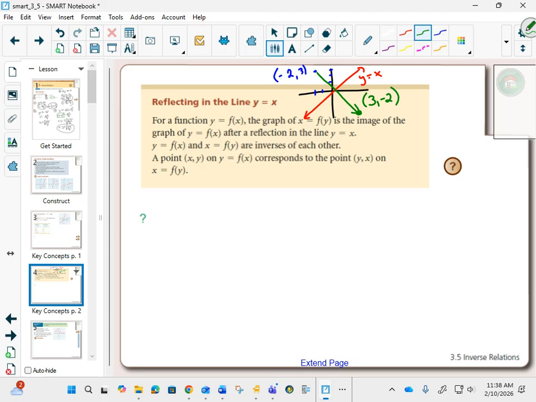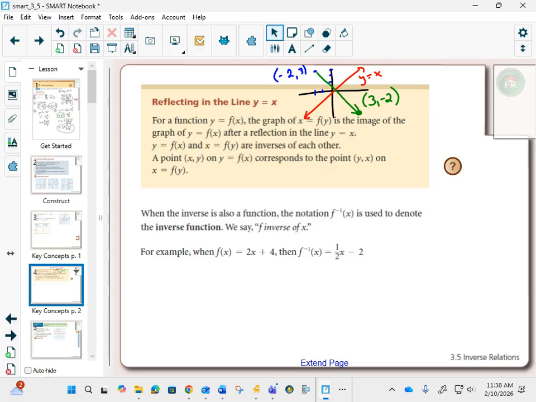So anytime we reflect over the line y equals x, all we're doing is switching the x's and the y's. When this happens, we get an inverse function.